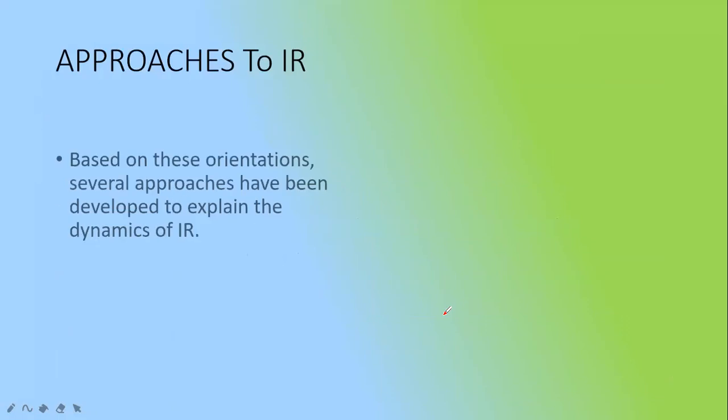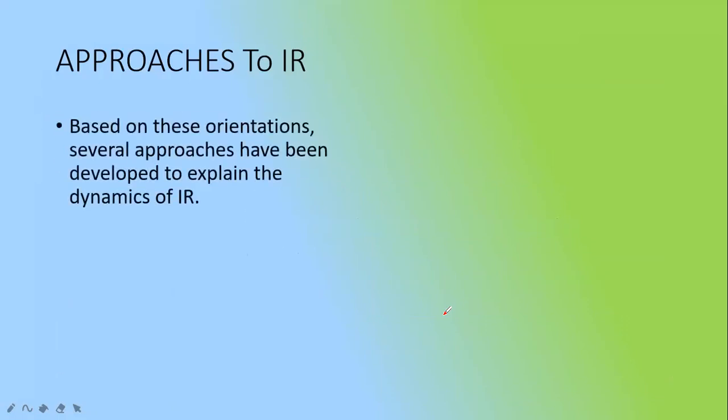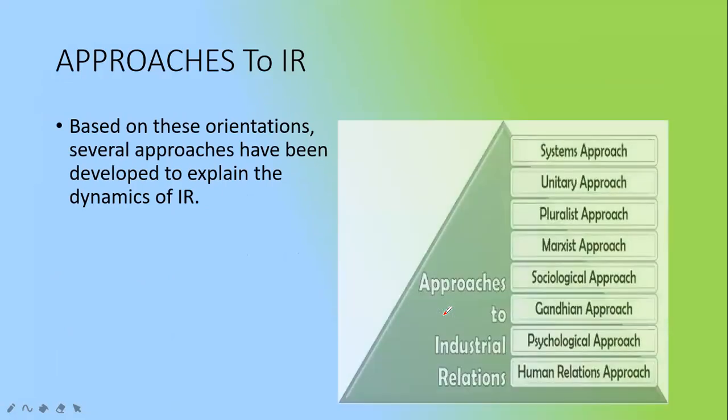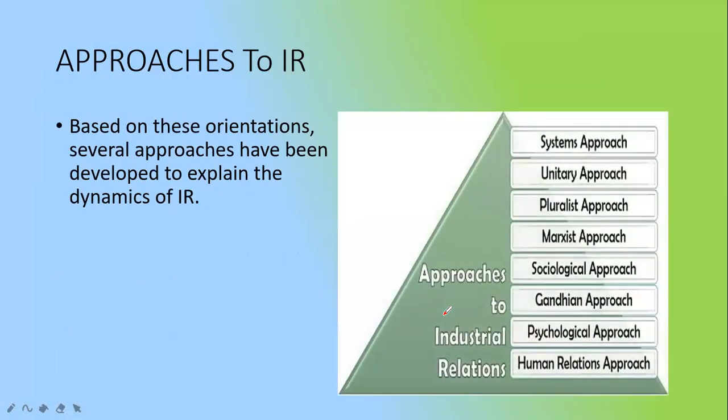And coming to the approaches of industrial relations, based upon different orientations, several approaches have been developed to explain the dynamics of industrial relations. Some of the approaches we come up with today are the systems approach, which was developed by Dunlop. In the last class, we went through this also. And the unitary approach, which is very important, the pluralist approach, also an important one, and the Marxist approach.